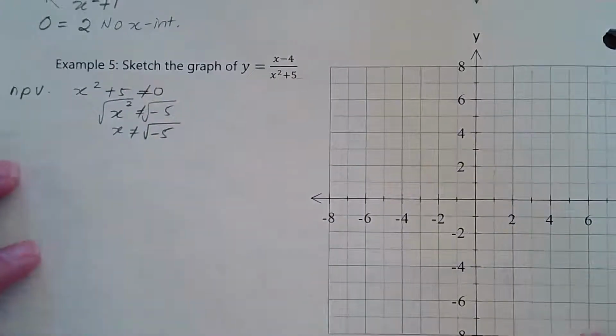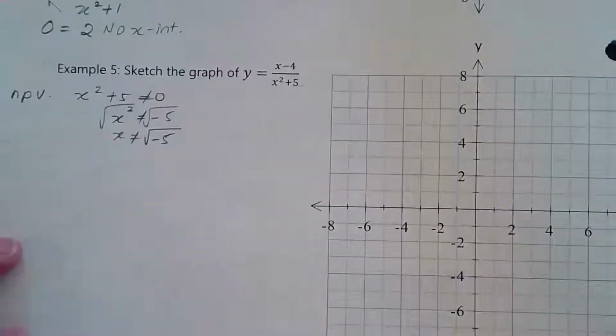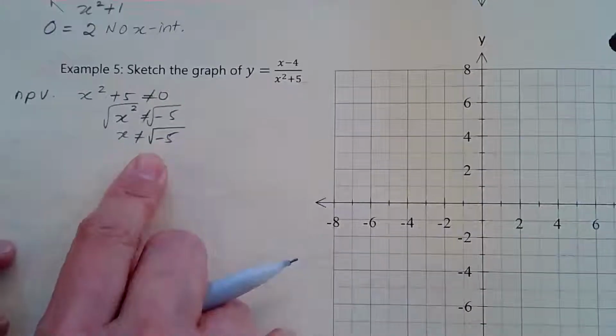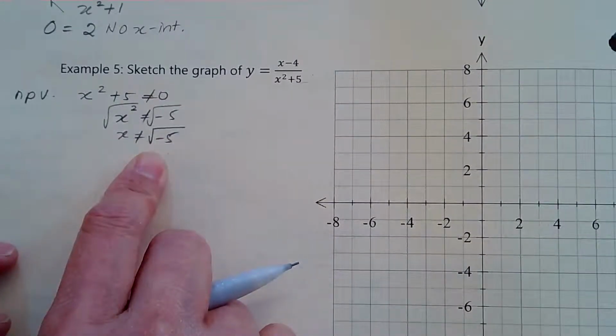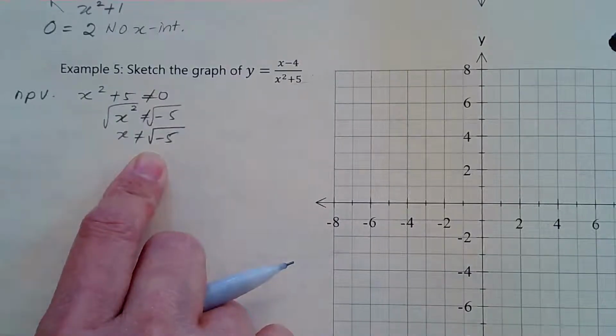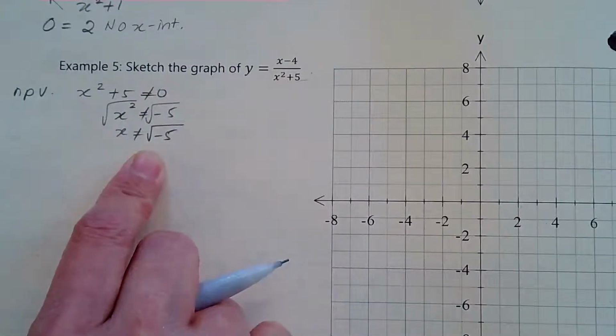Okay, we're pretty much getting the same problem as the previous example. We're going to run into x equals the square root of -5, which is a non-real number solution.